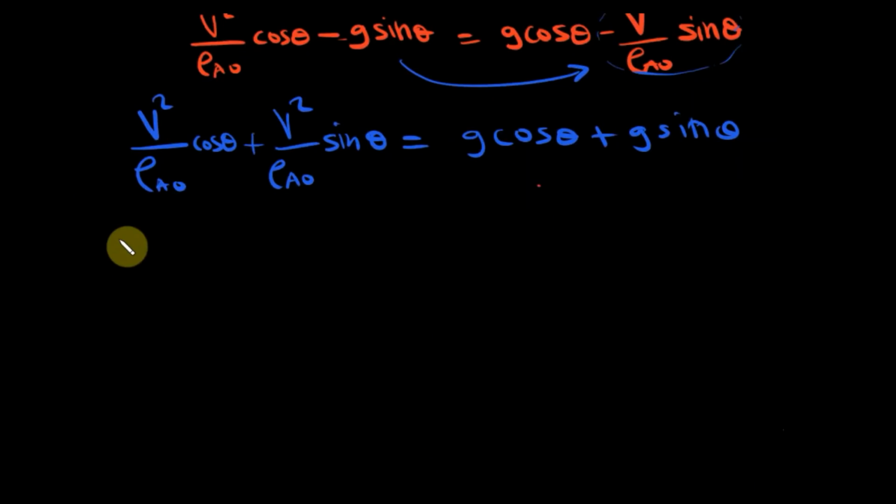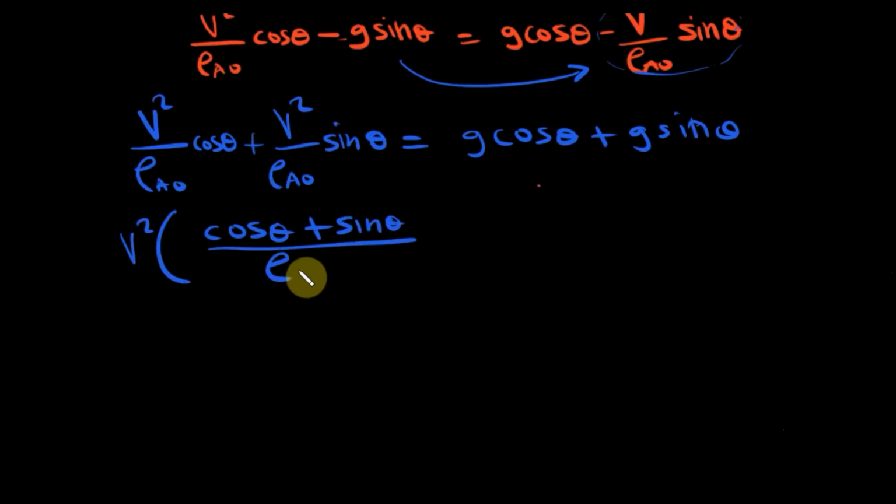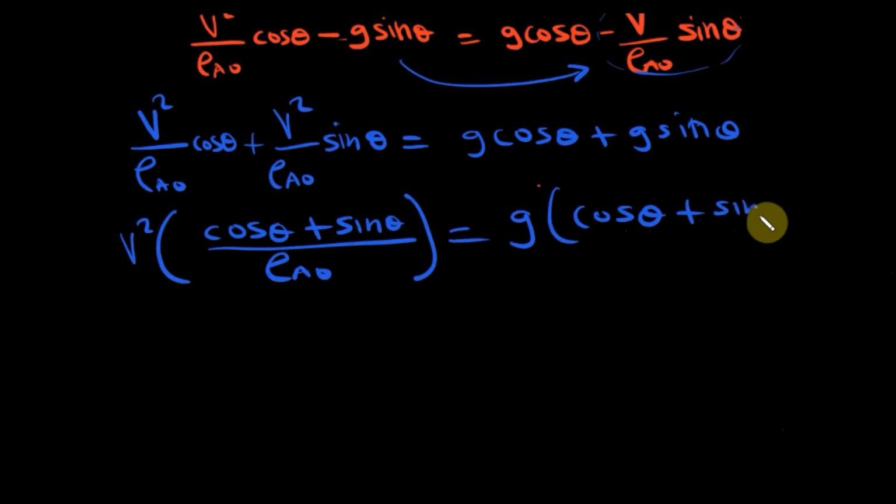Alright, take out v squared from here, with a common denominator, therefore I have cos theta plus sin theta all over LAO is equal to g. Take out g, it's common, cos theta plus sin theta.